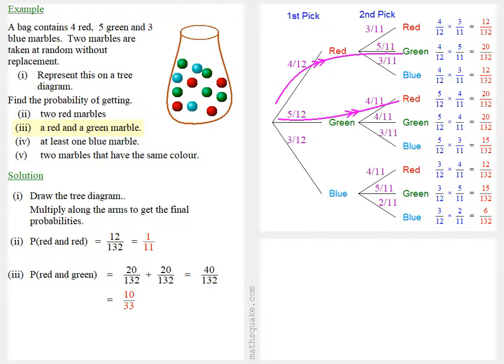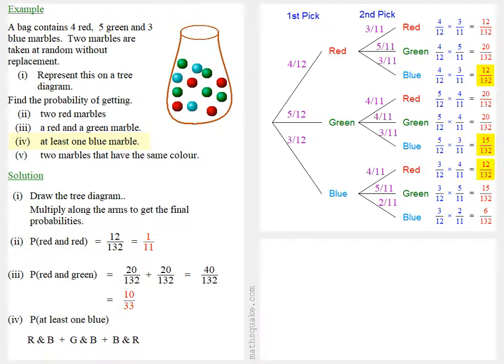And in part 4, we're asked to find the probability of getting at least 1 blue marble. Well, to get 1 blue marble, we could get a red and a blue. We could get a green and a blue. We could get a blue and a red. We could get a blue and a green.